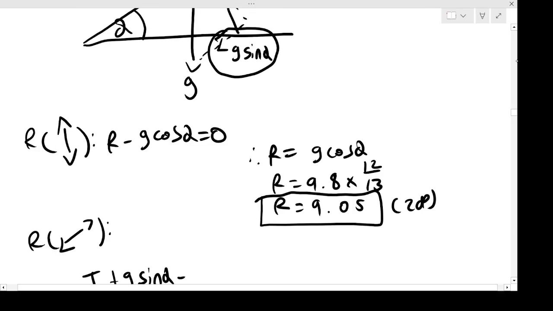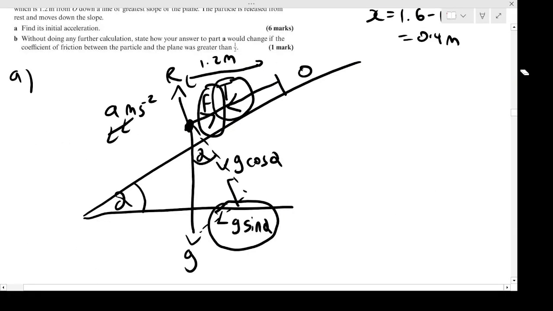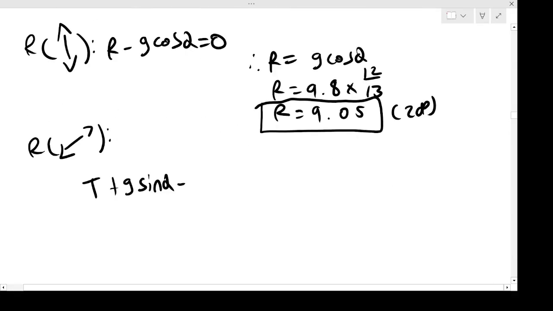Then we're going to take away the friction, which acts upwards instead. And that's going to equal mass times acceleration. The mass is 1, so it's literally going to be A, just the acceleration A there.